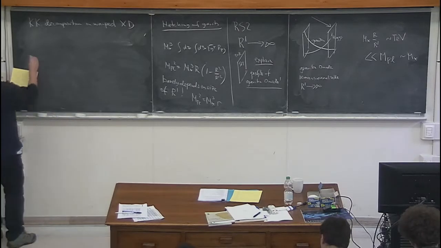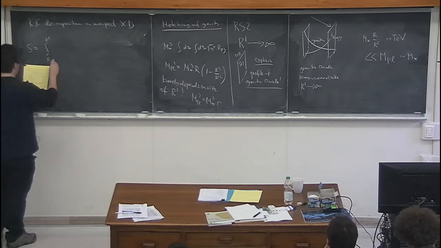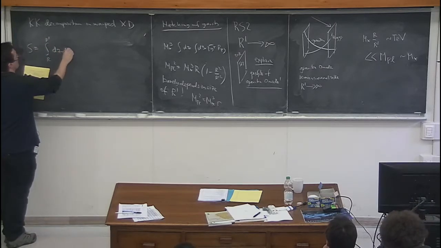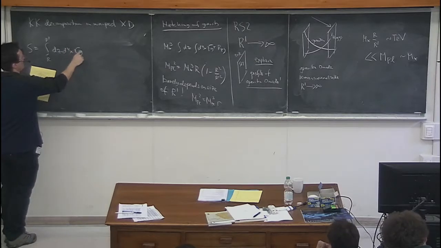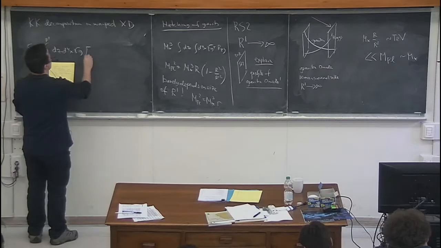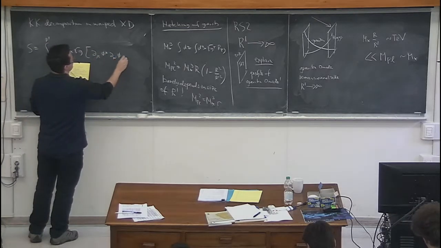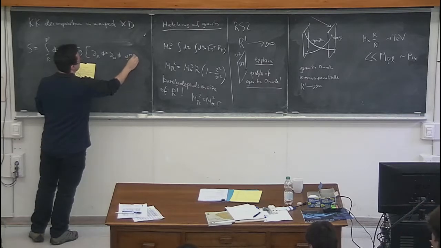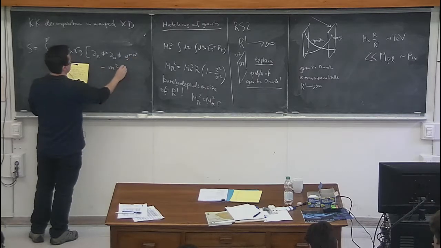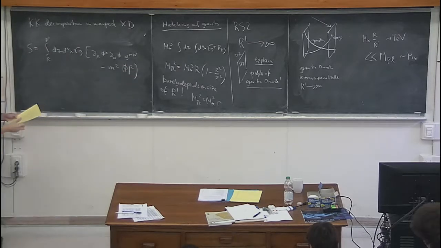So the action would look like the integral from R to R prime dz d^4x root g. Now this is a 5-dimensional root g. And then you have here D_M phi star D_N phi g^MN minus, for example, a mass term. It's just the simplest story. So you go ahead, you take the equations of motion.